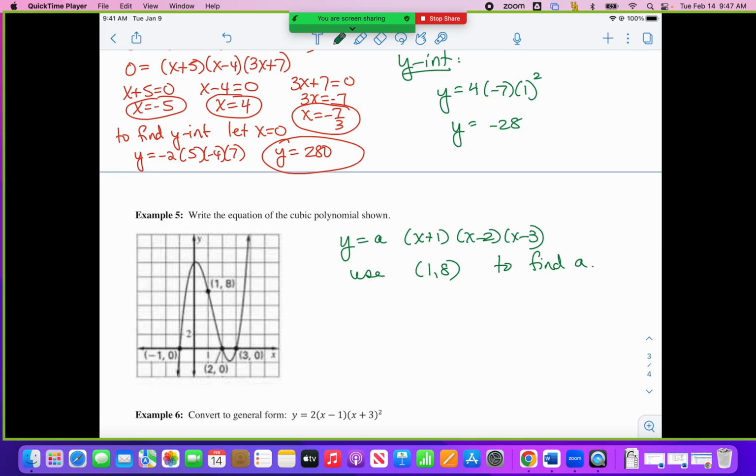All right, so I'm going to pause a moment. So I'm getting 8 equals A times 1 plus 1 times 1 minus 2 times 1 minus 3.